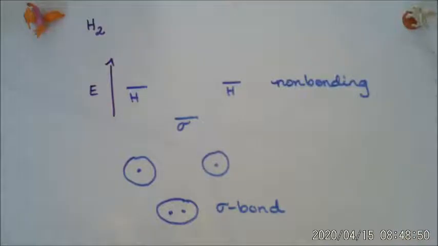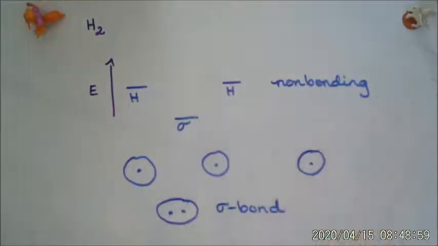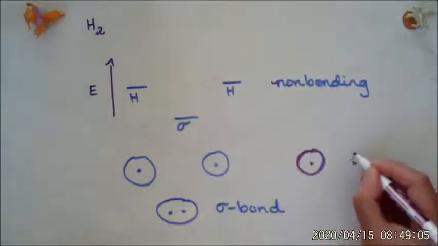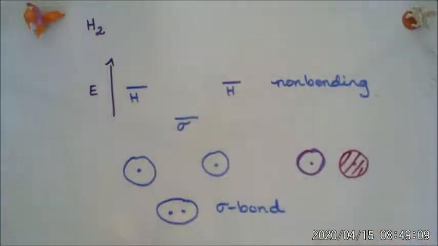Okay? What happens if they're opposite phase? Let me give you a different color for that. If they're opposite phase, then when you bring them close together, this subtracts that out.